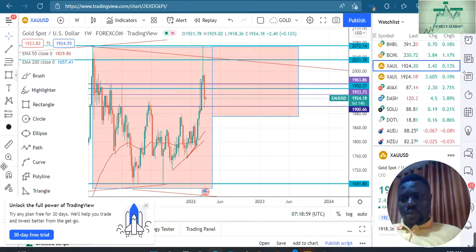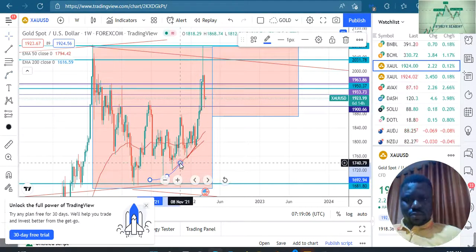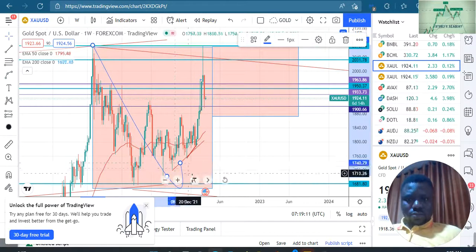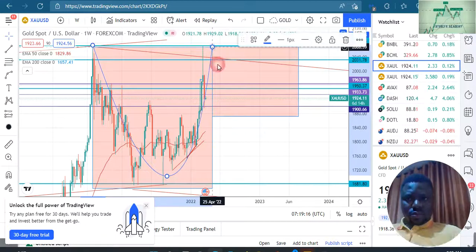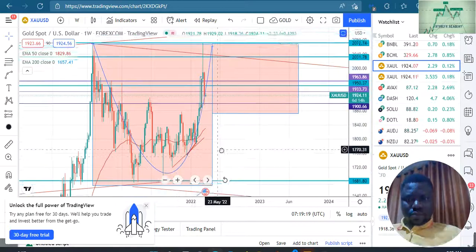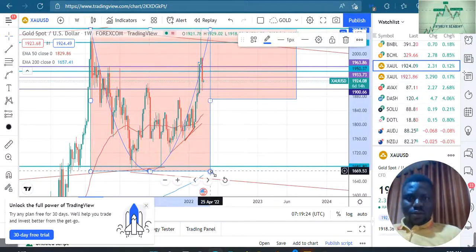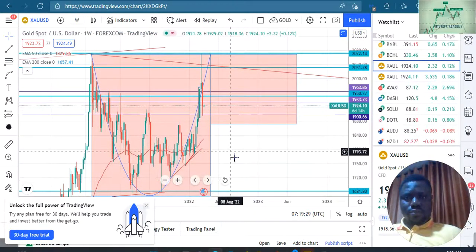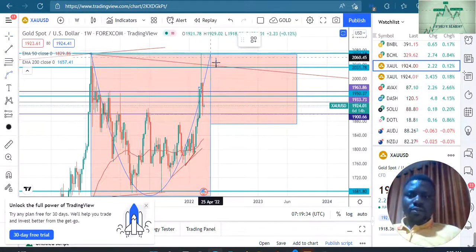Looking at the cup and the handle. This is the cup. Then you have the handle.